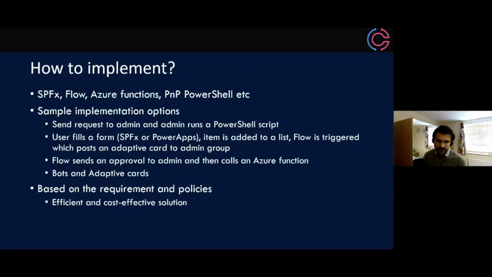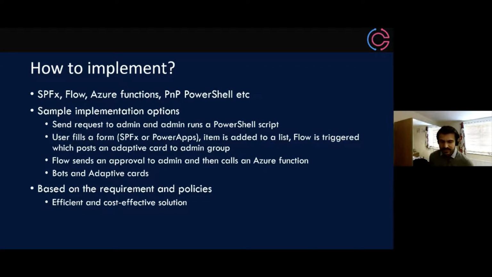Say in organizations where the policy is restricted such that only administrators can create the team, then maybe end users send a request to the admin, and this can be via an email or say a Teams message, and then the administrator goes ahead and runs a PowerShell script based on the request that is received.